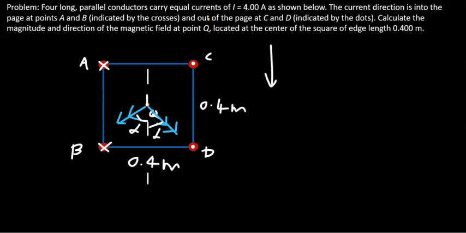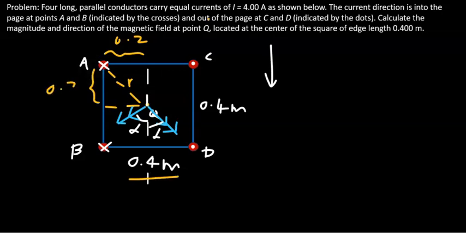To determine the magnitude, it's sufficient to determine the magnitude of the magnetic field due to one of the currents, take its y component, and then multiply that by 4. So let's do just that. A is at distance r from Q. Now what is distance r? That can be determined from Pythagoras' theorem. This is 0.2 meters, because this is 0.4.